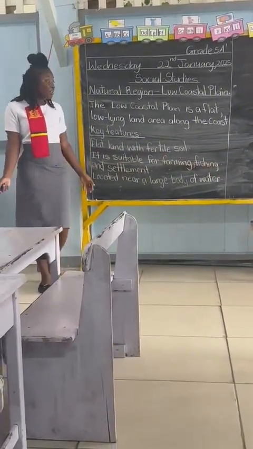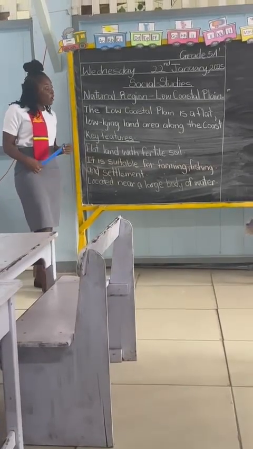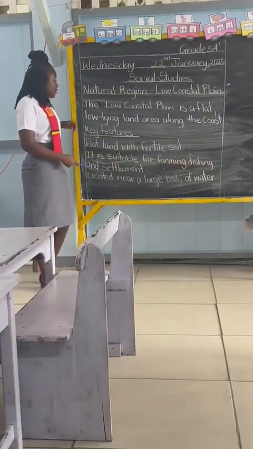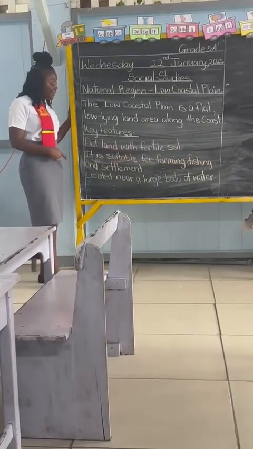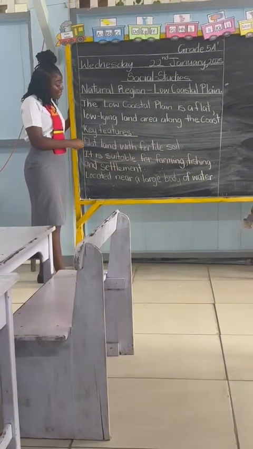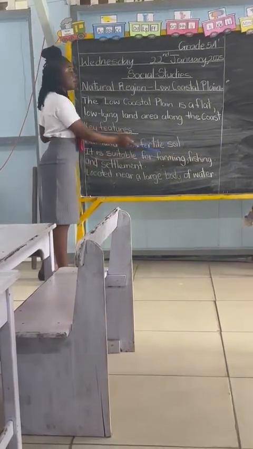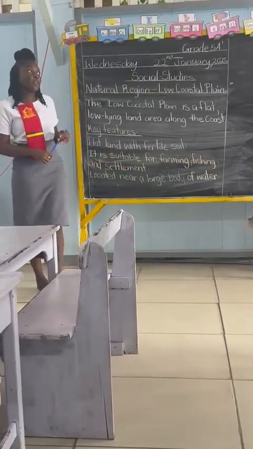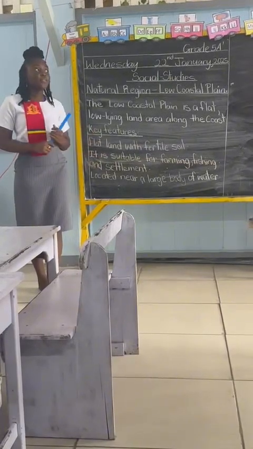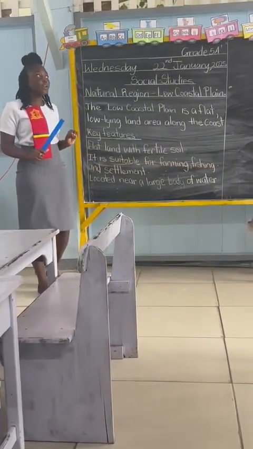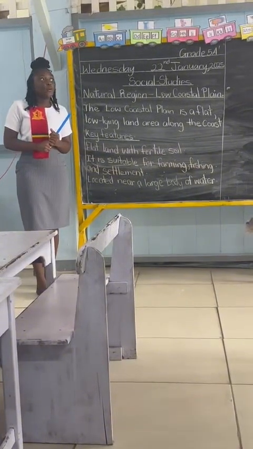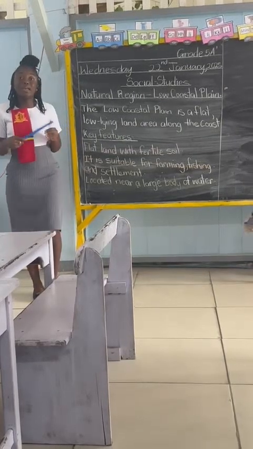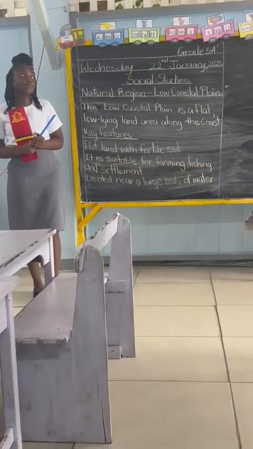Now, we also have some key features of the low coastal plain, and I'm going to read them also. The low coastal plain is a flat land with fertile soil. When we have fertile soil, that means that the soil will be able to produce plants, healthy plants, right?